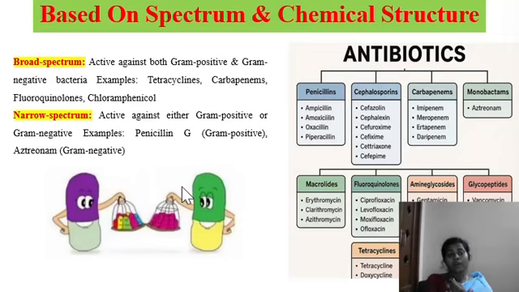For example, if a person is infected by some kind of pneumonia infection, this particular antibiotic will work directly on the infected cell, leaving the other host cells unaffected. That is called narrow spectrum. In the case of broad spectrum, it fights against both gram positive as well as gram negative bacteria, which means numerous types of bacteria.